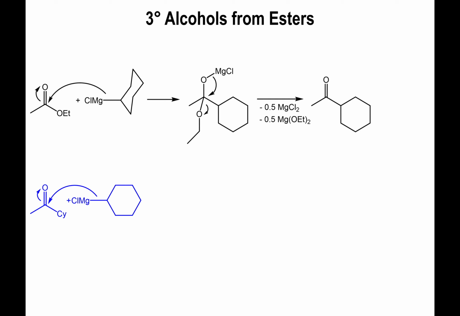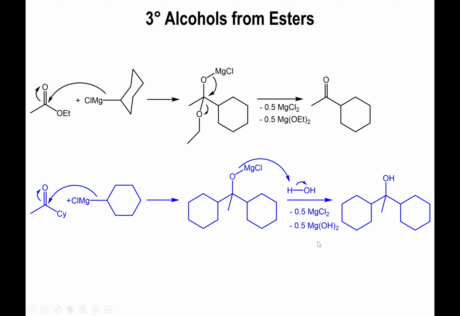We have the cyclohexyl attacking the carbonyl carbon. That pi bond is broken, forming your new alkoxy magnesium bond, ionic bond, mind you. And then notice once more, we started with the Grignard with cyclohexyl. We have added 2 cyclohexyls by the end of the reaction with the ester. And so treating this with water is now going to yield one equivalent of that alcohol.